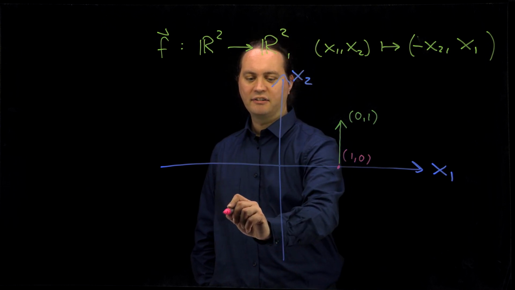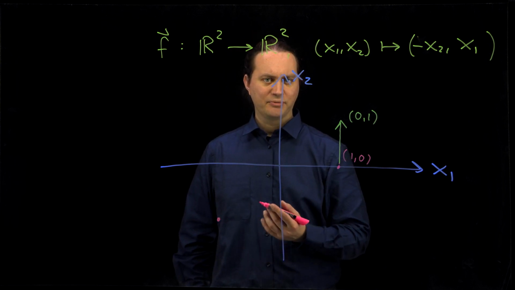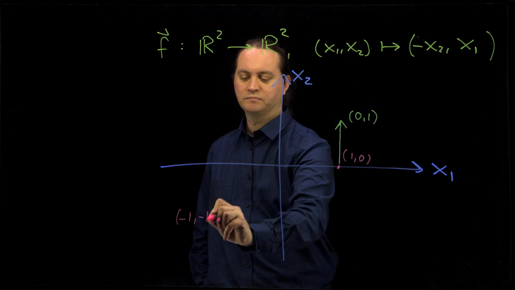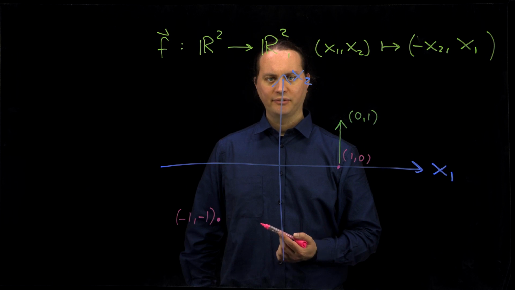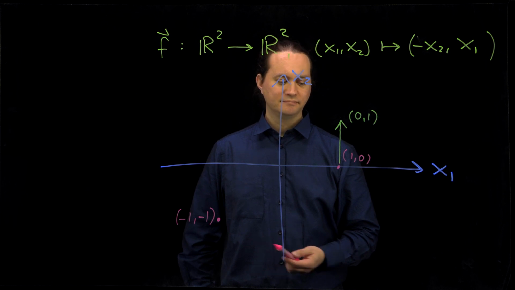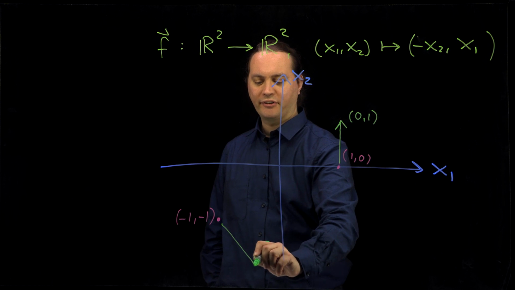Let's say down here we got the position negative 1, negative 1. If you now compute the vector field at this point, well, the vector field will produce the vector 1, negative 1. And that will correspond to the vector pointing in this direction here.